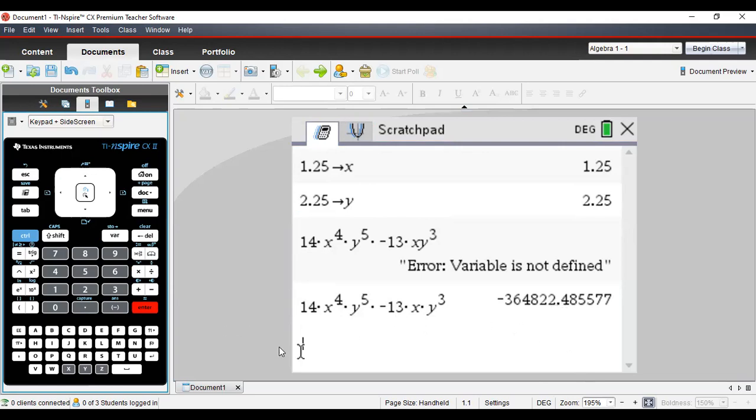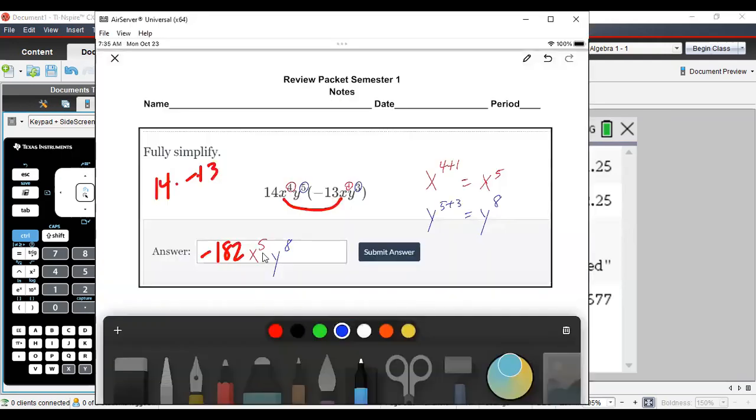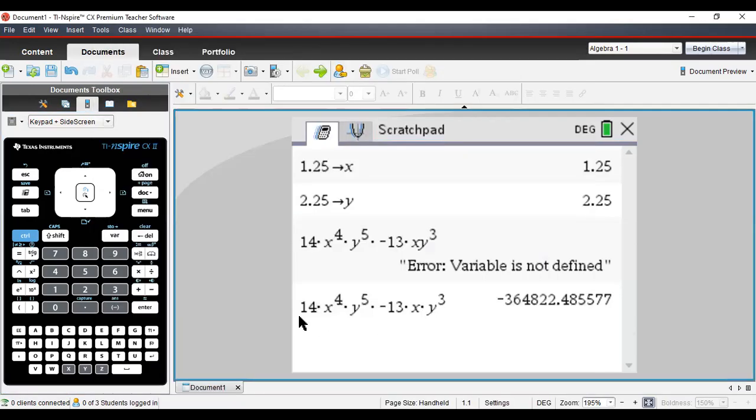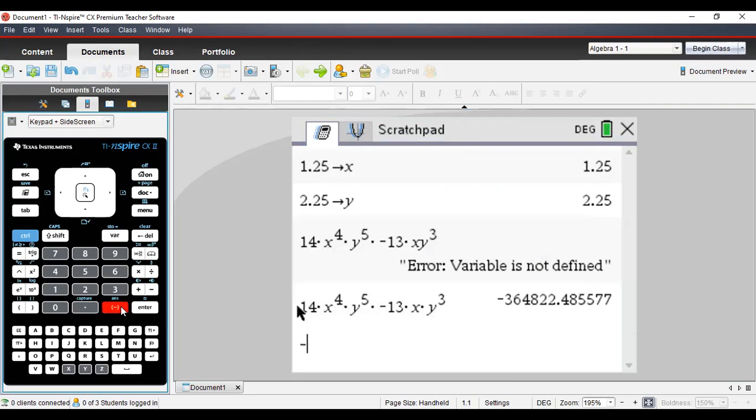Now, if my answer is right, if negative 182 x to the 5th, y to the 8th is right, I should get the same answer. So let's type that in: a negative 182, and then x to the 5th, and then y to the 8th.